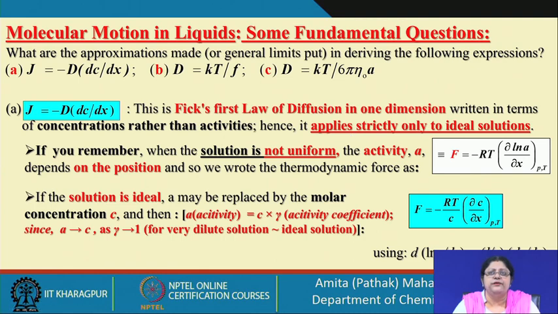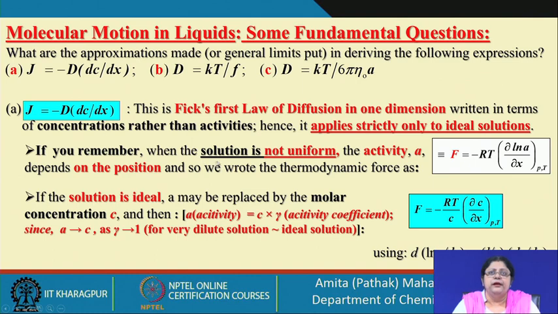That means it was a very dilute solution, under which condition the solution could be taken as behaving as an ideal solution. So, the activity terms were replaced by the concentration terms in this equation.